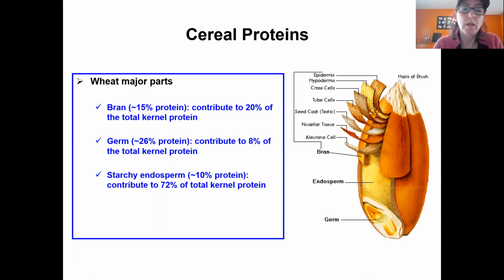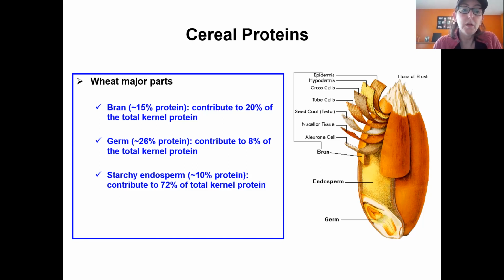Now the distribution of proteins in the bran versus germ versus the endosperm. You have about 15% protein in the bran, which contributes about 20% of the protein of the entire seed or kernel.